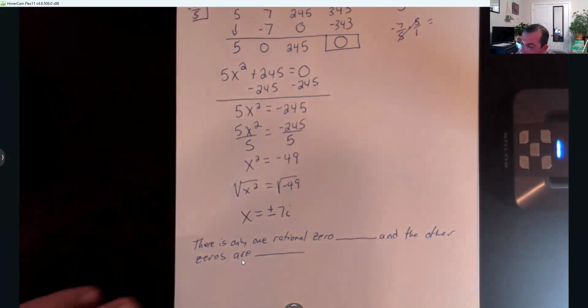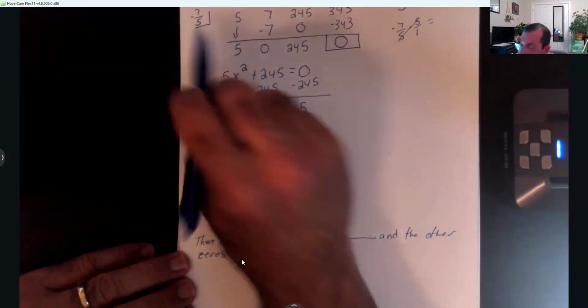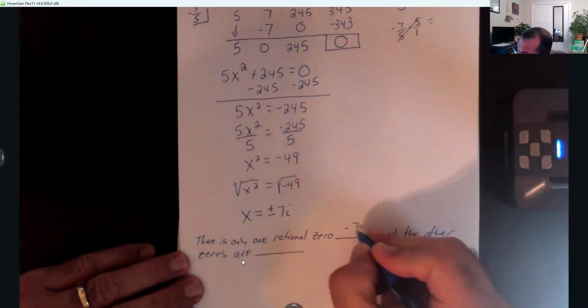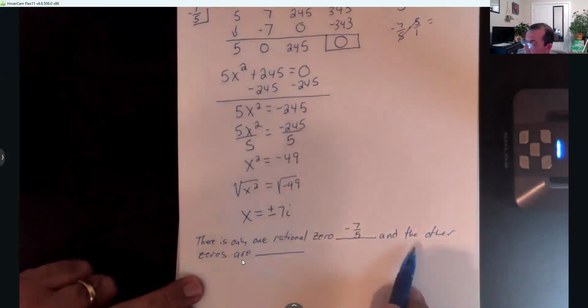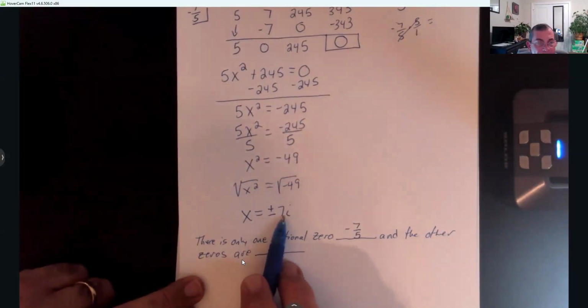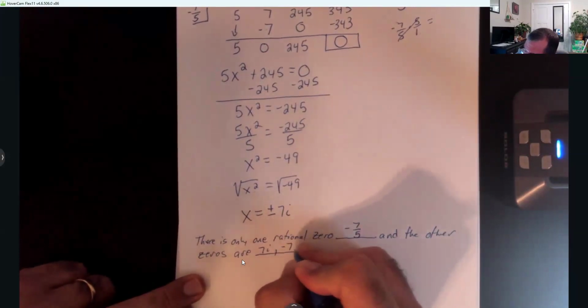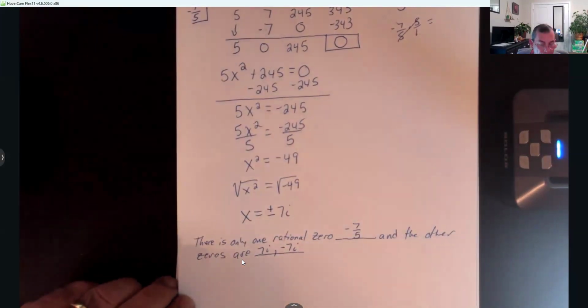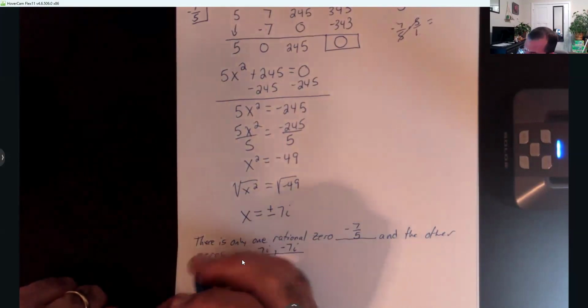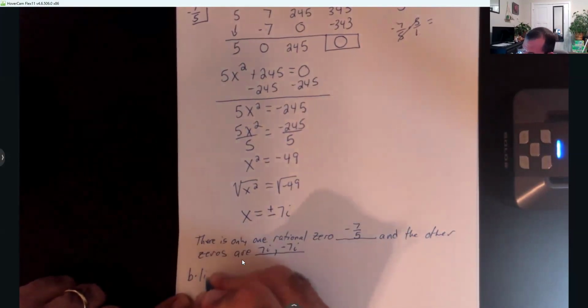So the only rational zero we got was that negative 7/5 up here. And then the other zeros would be the 7i, negative 7i. Okay. Then for part B, they wanted what? Linear factors.